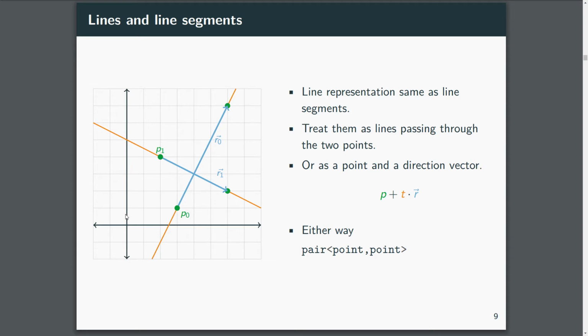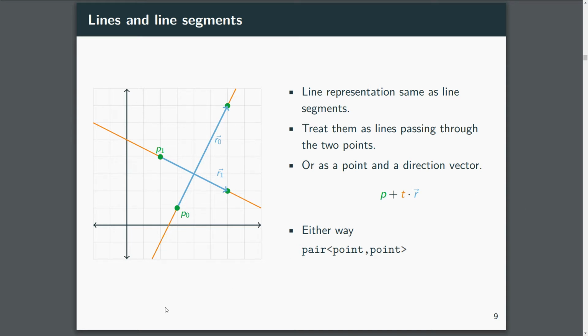Yeah, but if you have a line and not a line segment, then you don't need the magnitude because your line is infinite. I see. However, if you have a segment, you would need to store the magnitude to know where to end. Right, so you have P, which is your 2 points. Then you would normalize R just so you have a direction vector.